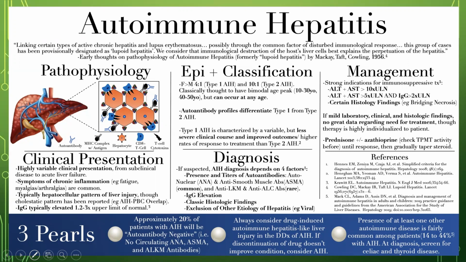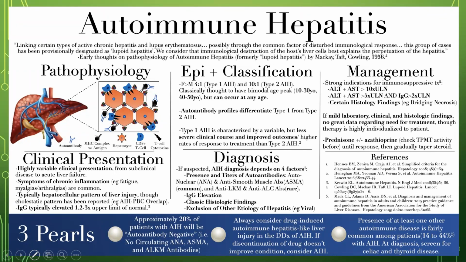The diagnosis of autoimmune hepatitis is suspected and depends on four factors: presence and titers of autoantibodies, usually antinuclear and anti-smooth muscle antibodies, immunoglobulin G elevation, classical histological findings, and exclusion of other etiologies of hepatitis. It's rather a diagnosis of exclusion.